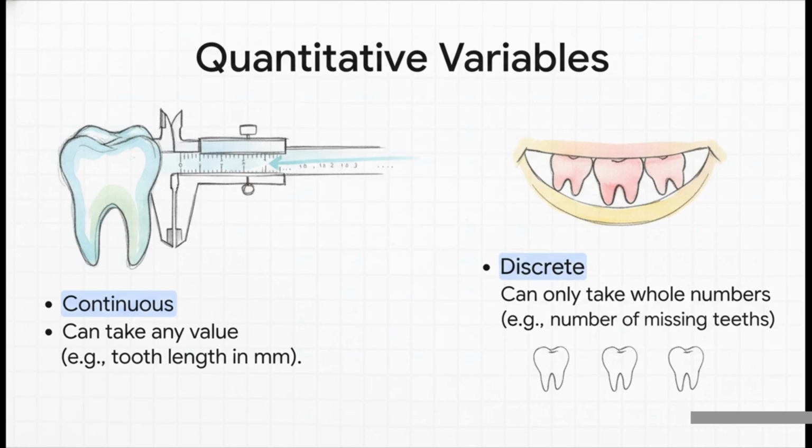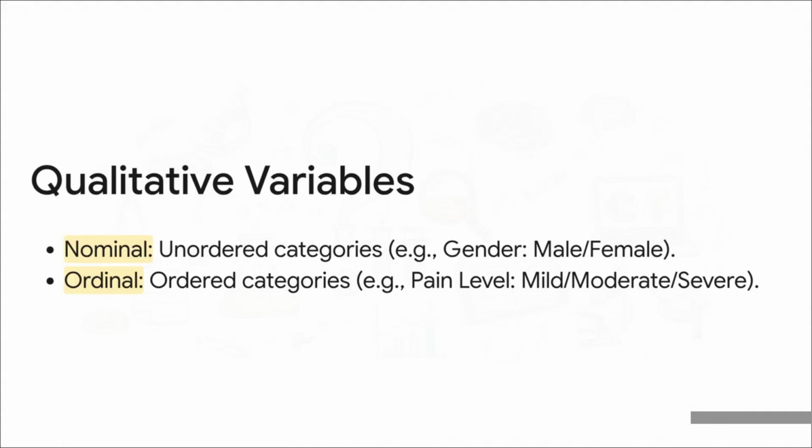Next, we're going to talk about the types of quantitative variables. They can either be continuous, which means that they can take any value, for example, the length of your tooth, or they can be discrete, meaning that they can only take whole numbers, for example, how many of your teeth are missing. We also have different types of qualitative variables.